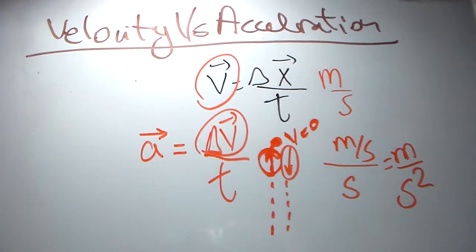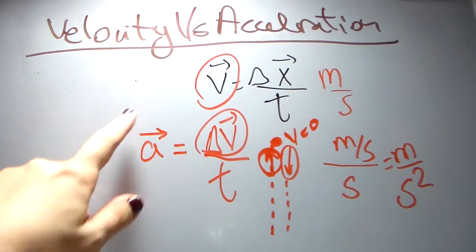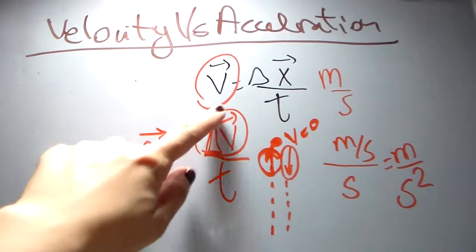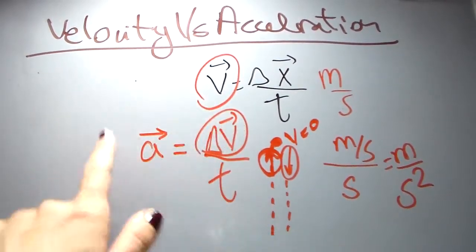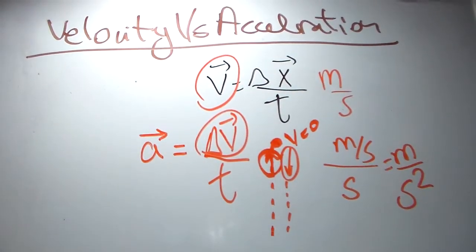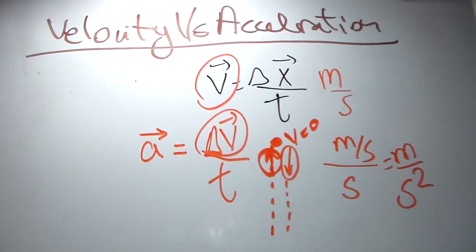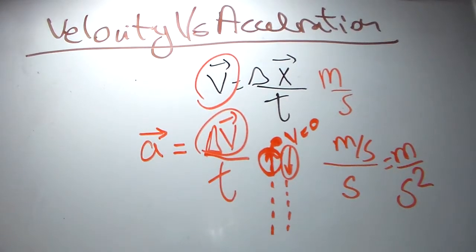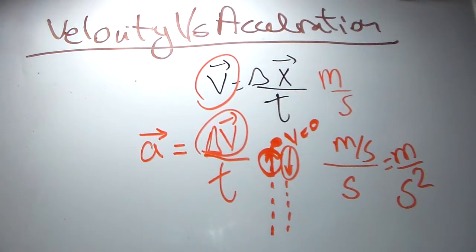So that's that. Now let's figure out how I would relate the direction of change, the direction of velocity, with the acceleration, and how we could deduce from the direction of velocity the direction of acceleration, and vice versa.